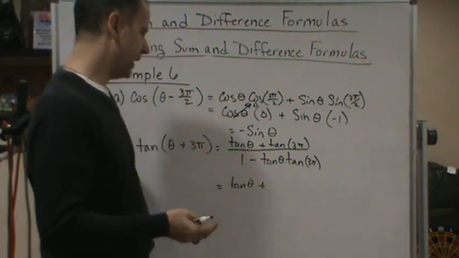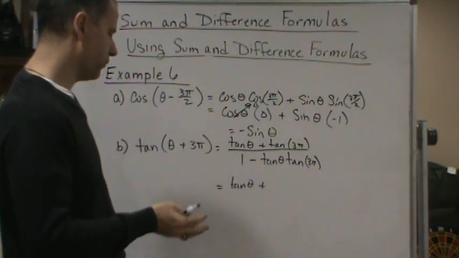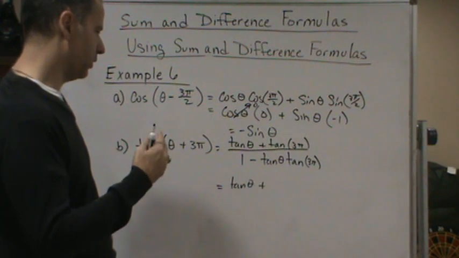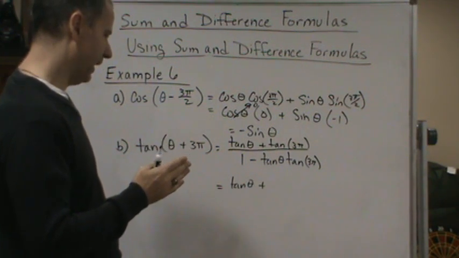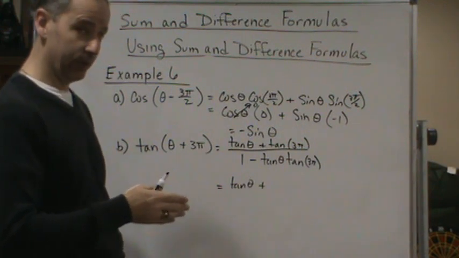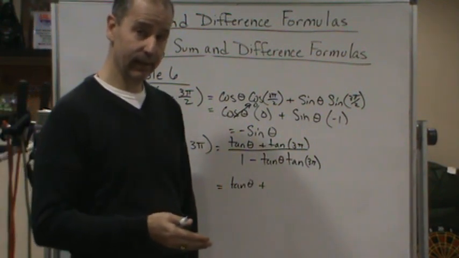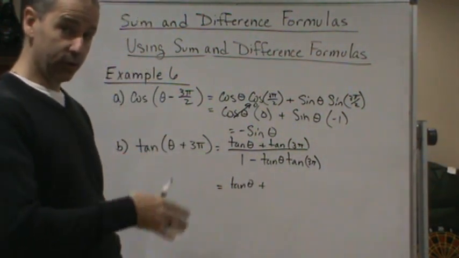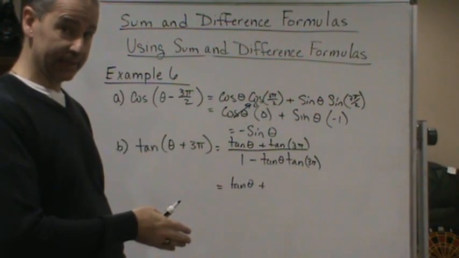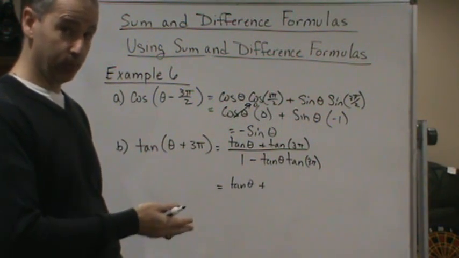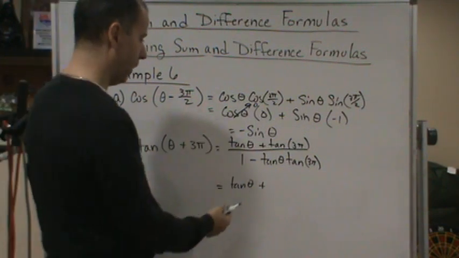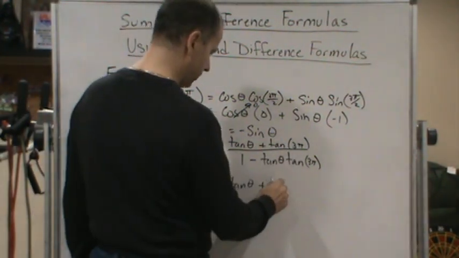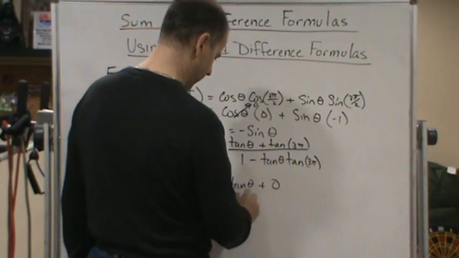The behavior of tangent is from negative pi over 2 to pi over 2, and the period is pi. So we know it crosses the x-axis at 0. So it's 0 at 0, and every multiple of pi it's going to be 0. So this is going to be 0.